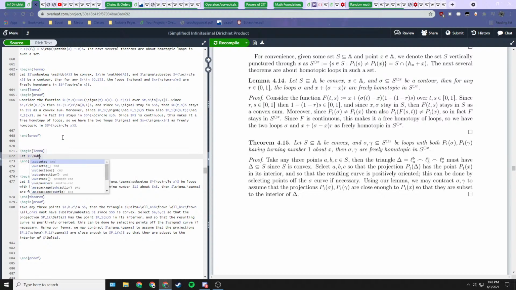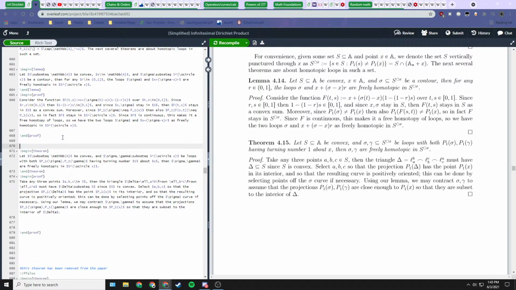Let S be subset to A, and actually we can say let delta subset A be a 2 simplex. No, this won't work either. I'll just do it straightforwardly.